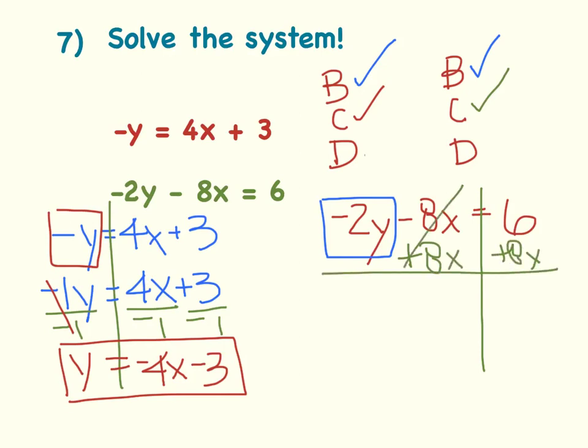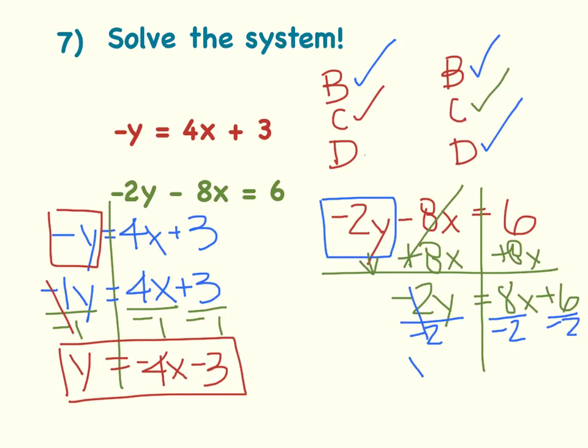So we cancel what's beside our box, and I bring it down, so I get negative 2y equals 8x plus 6. According to this, the last step is to divide by the number inside the box, which is negative 2. And our answer is that y equals negative 4x minus 3. So there's our two equations.